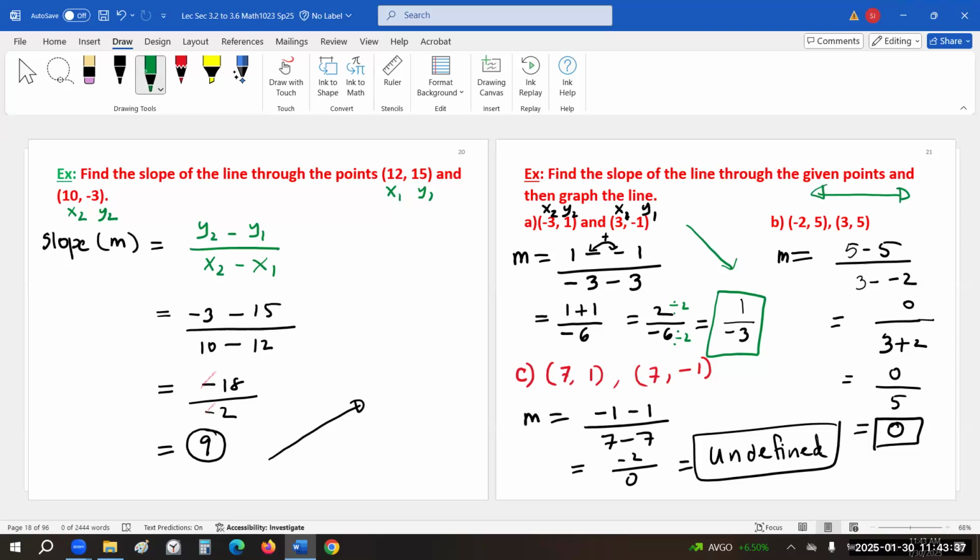One question. Undefined or 0? Which one is correct? So for this, undefined is the correct answer. For this, 0 is the correct answer. They are not the same. In here, 0 is on the top, so your answer is 0. In here, 0 is in the bottom, which is not possible in our life. So it's undefined. So what type of line has undefined slope?